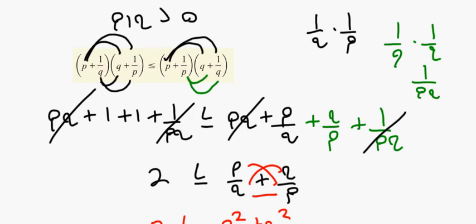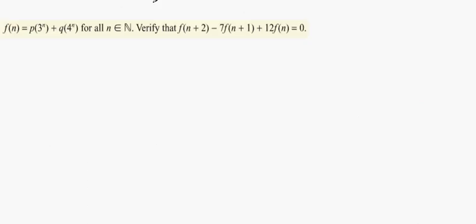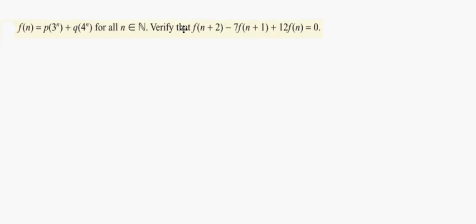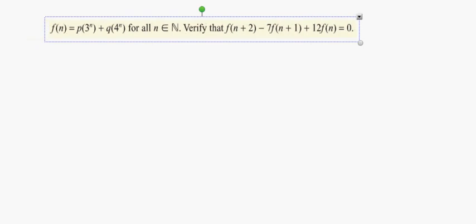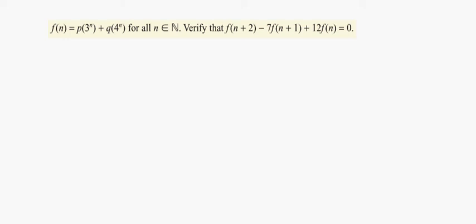Okay, next one. Now this one here, okay. Now here's a hint. If there ever was a hint, here's a hint. This question can be written like this. And basically what I'm trying to say is that there's 2 ways of writing this question.